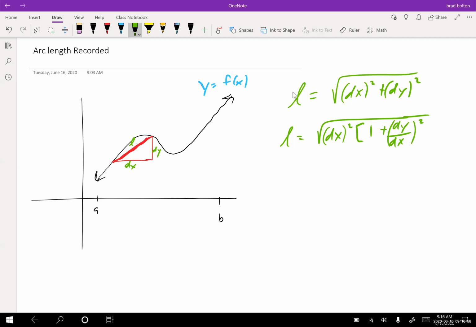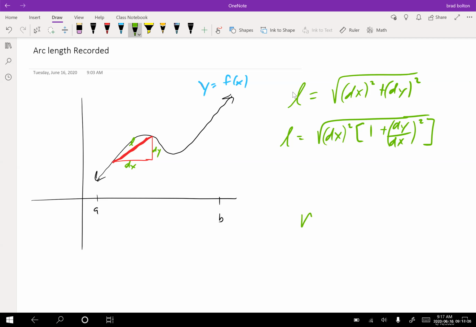Now, in Calc 1, if your teacher did not teach you this, this is definitely something you want to talk about. I use this all the time, where pretty much you can factor anything out you want. Depending on what school you're at, this is a Calc 1 or a Calc 2 video, but you should have learned that you can factor anything you want.